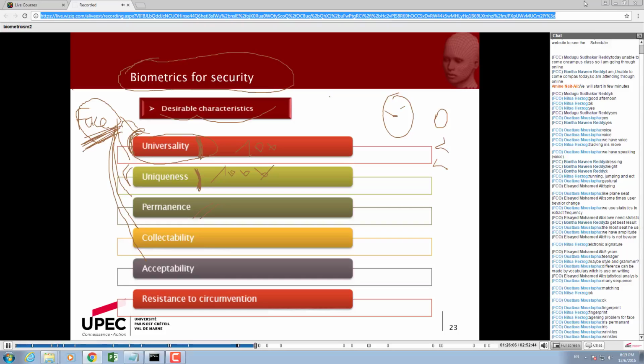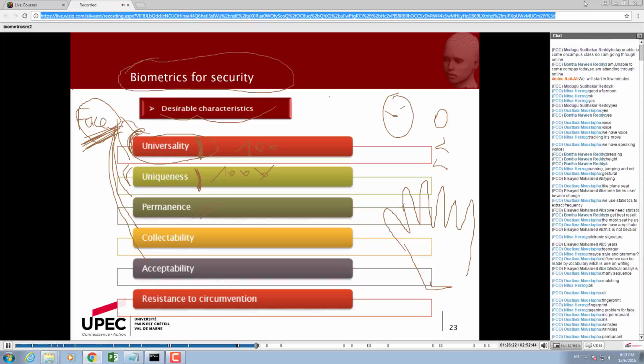It is normally supposed to be permanent, except if we have some disease or something like this. Something else? Of course we can say the same if we are using a hand. Is it permanent or not? It is supposed to be a little bit permanent, but you can have some variations over time.